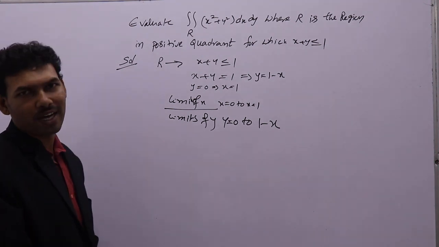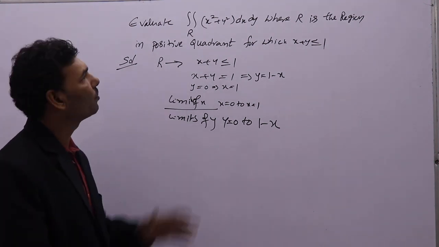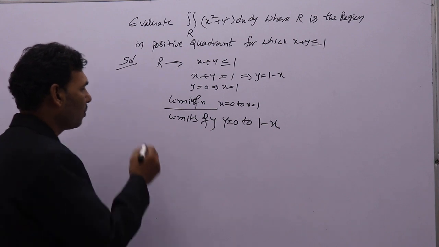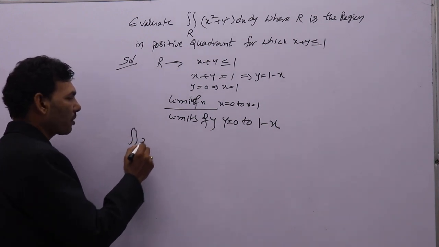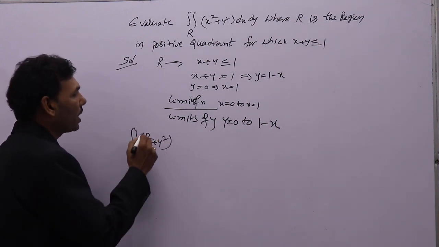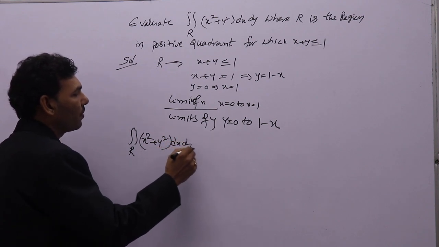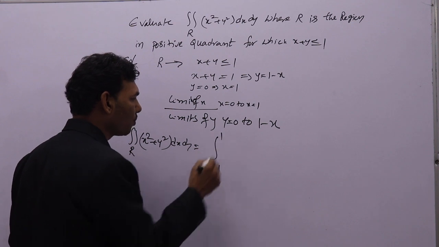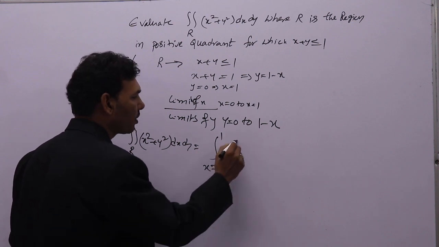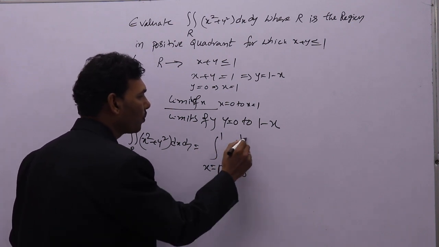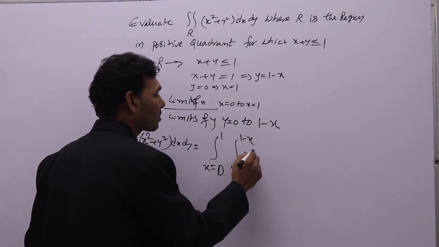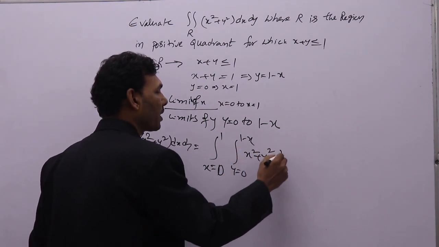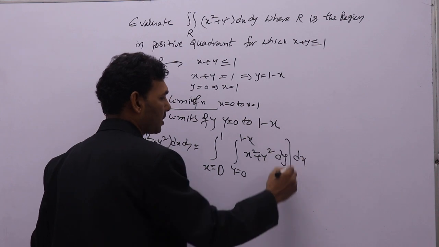Now the limits are evaluated, so we can integrate. We can evaluate the double integral. Now double integral over R, x square plus y square dx dy equals integral x equal to 0 to 1, y equal to 0 to 1 minus x, x square plus y square dy dx.